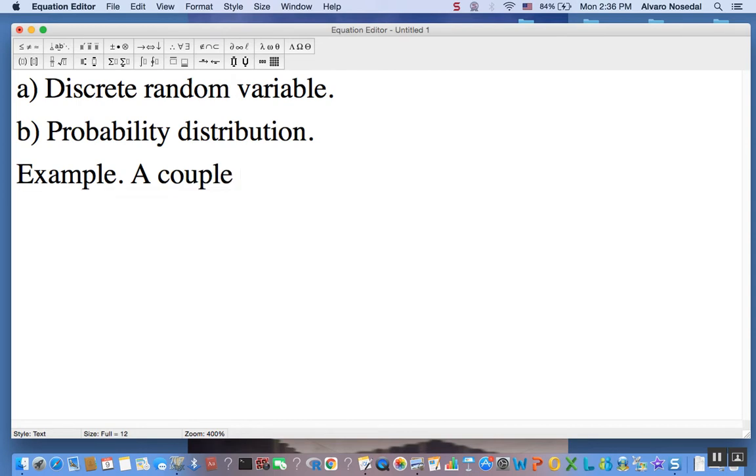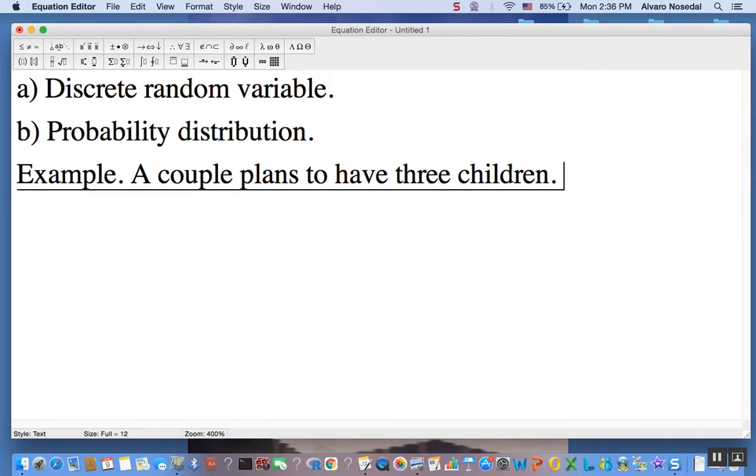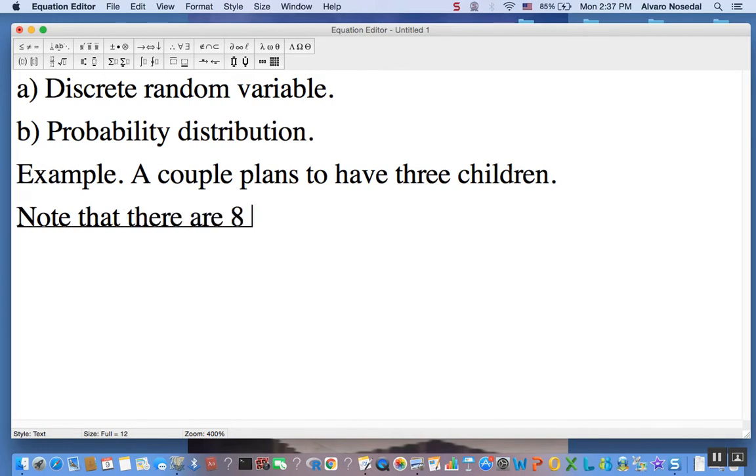So we have a couple who plans to have 3 children. If that is going to be our random experiment, there are 8 possible outcomes.